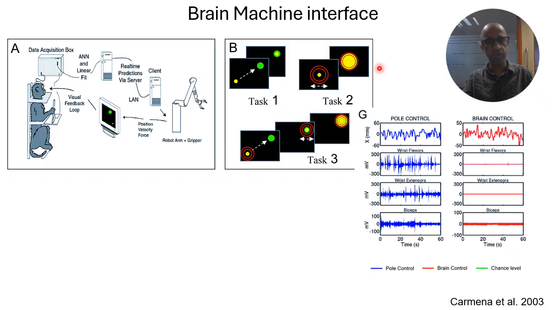If it expands beyond, the monkey does not get a reward. If it remains exactly at the same position, the monkey gets a reward. So this is an equivalent of a reach and grab kind of task, right?